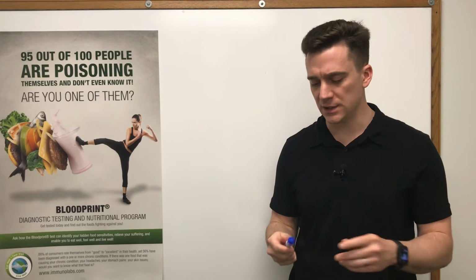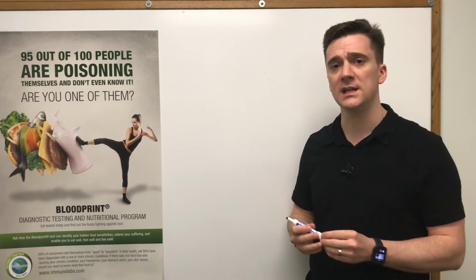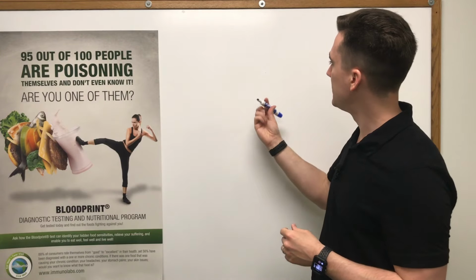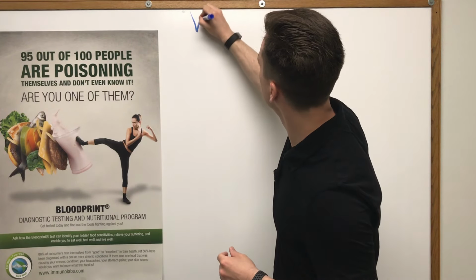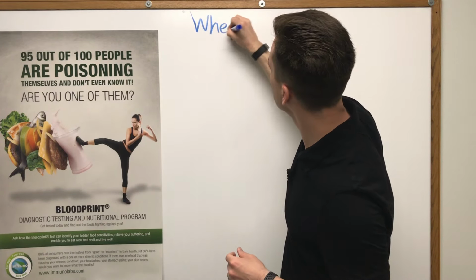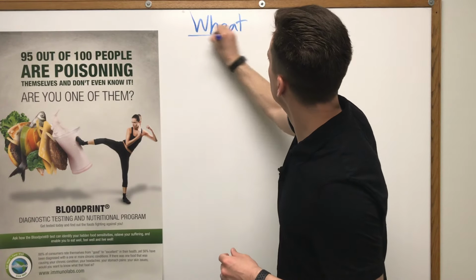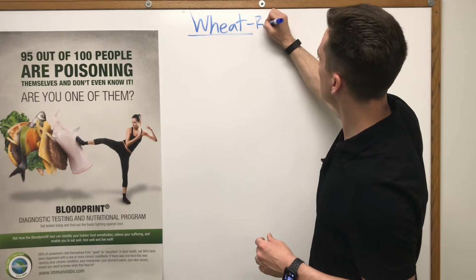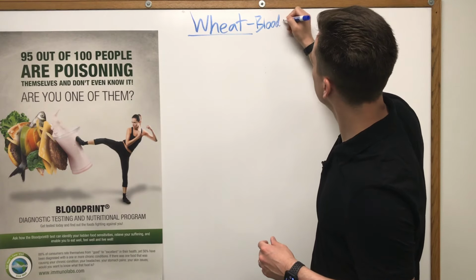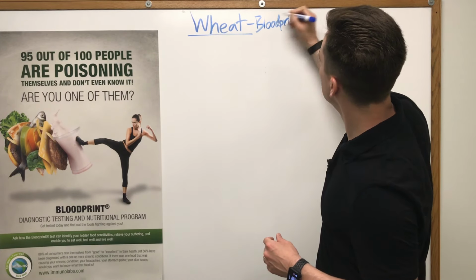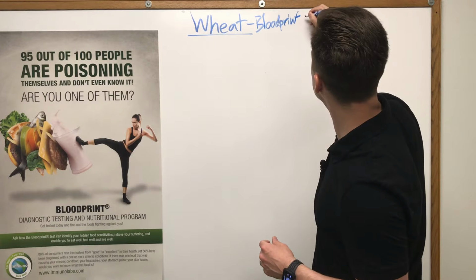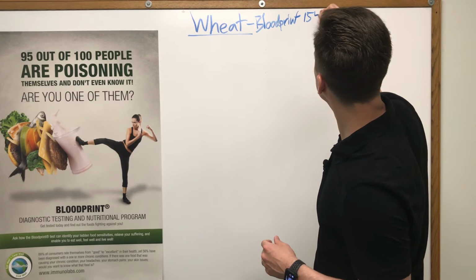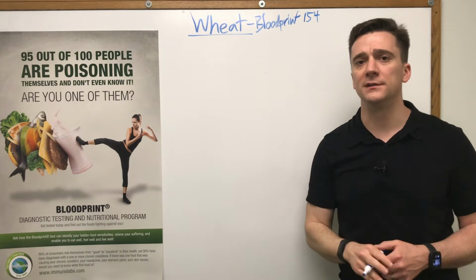So for myself personally, as I did our testing, I found out that I had an issue to wheat. So this issue was found on our Bloodprint test. And I personally did our Bloodprint 154. So that tests for 154 different items.